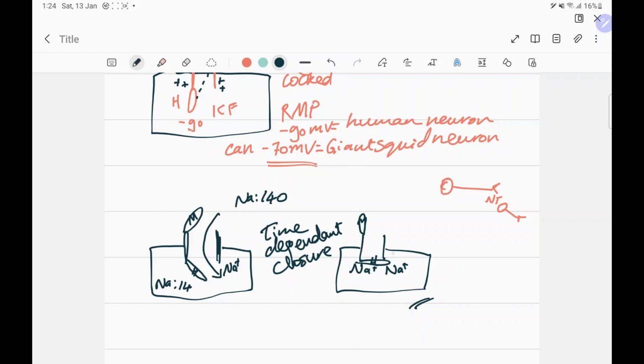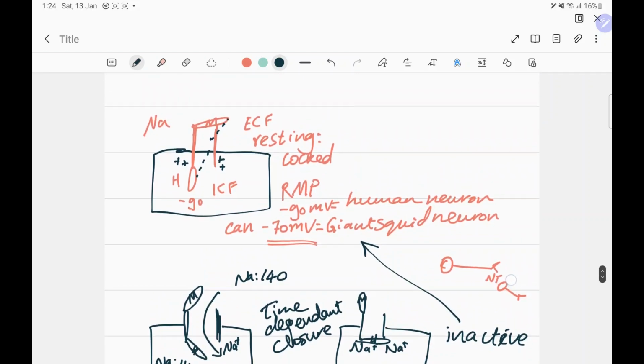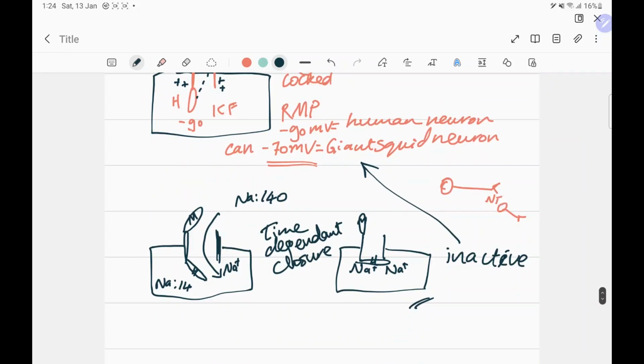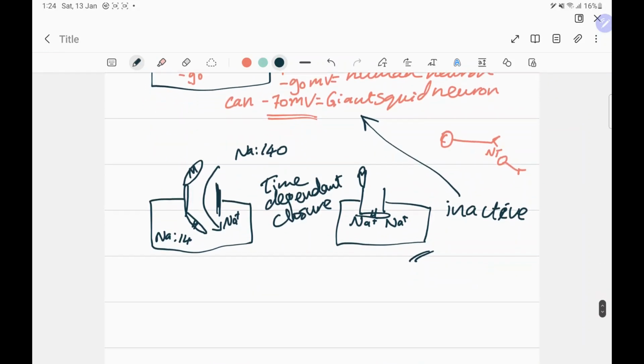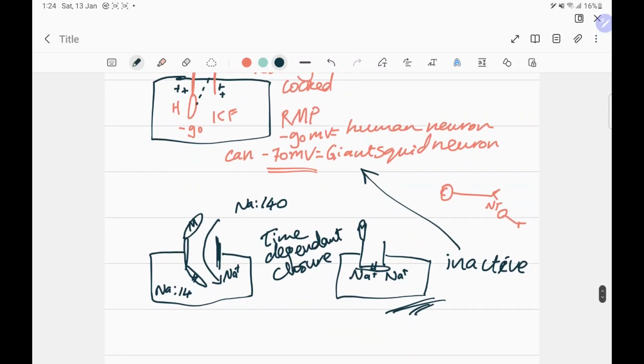You can't get another action potential until you make what has now become an inactive sodium channel go back to its original cocked state, its resting state, like we said in the beginning. So how do you make this inactive sodium channel active again? You have to repolarize the cell. You have to make the cell negative.